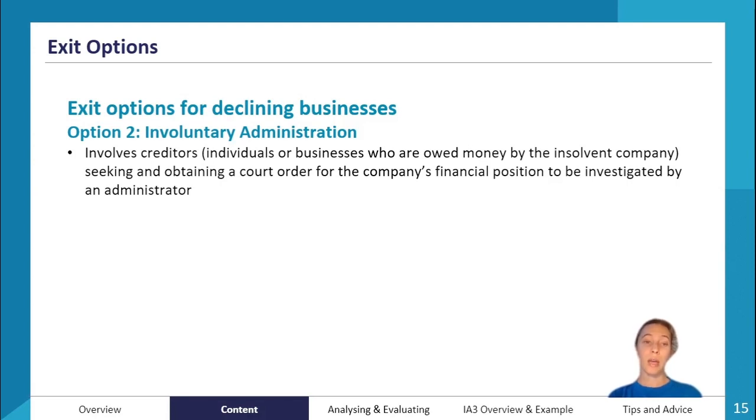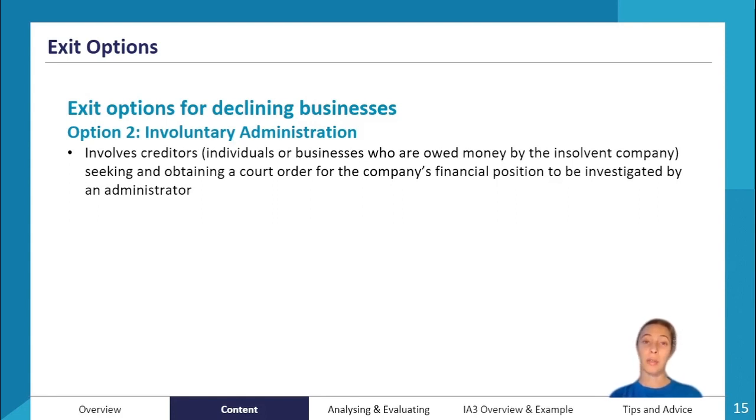They seek or obtain a court order for the company's financial position to be investigated by an administrator. You'll find that voluntary administration is more common. Usually it would be more likely that the business would recognize its own position and appoint an administrator themselves rather than being forced into it by creditors.